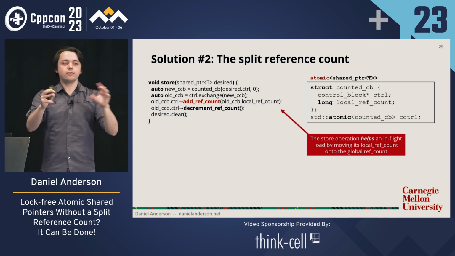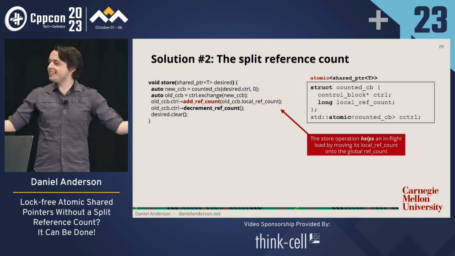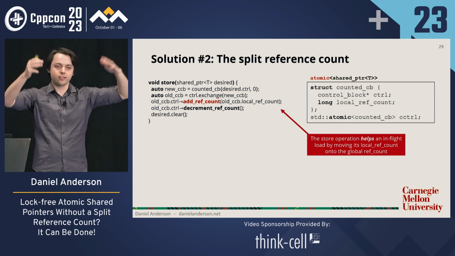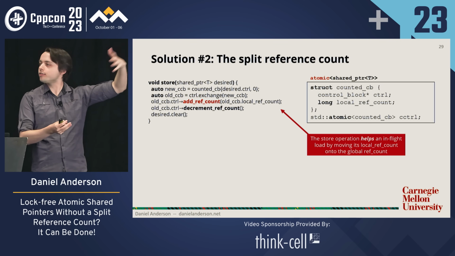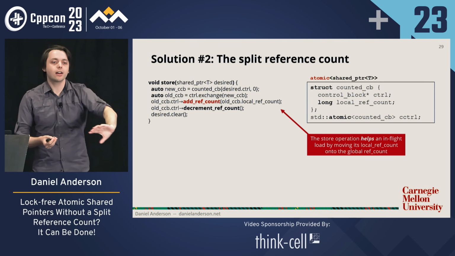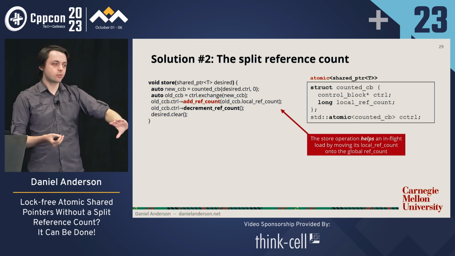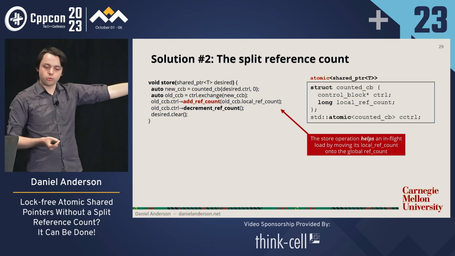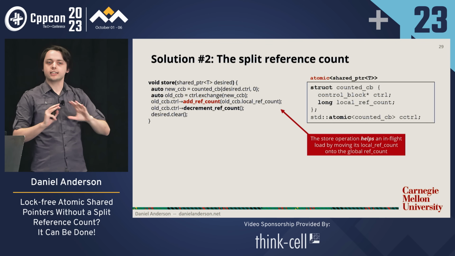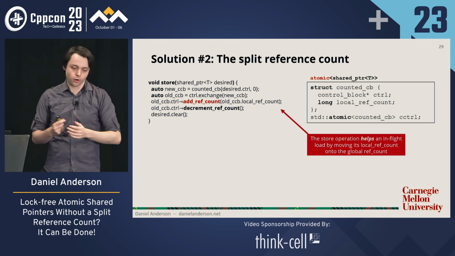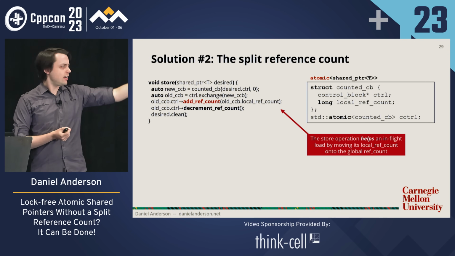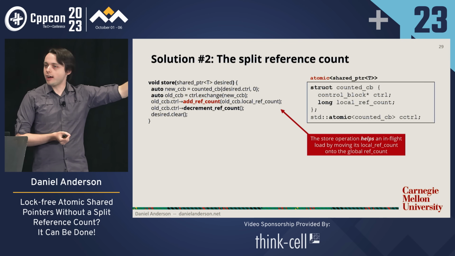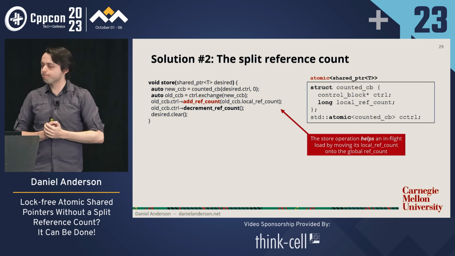This means that any in-flight loads are now guaranteed to be safe because their ref count has now been added by at least 1 for each load. So the ref count can't be 0 now, okay? Because we've taken their local ref count and we've put it on the global. So by doing so, we've now guaranteed that those loads are safe and protected from the use after free. Then, once we've done that, now we can go and do our decrement and everyone is happy.